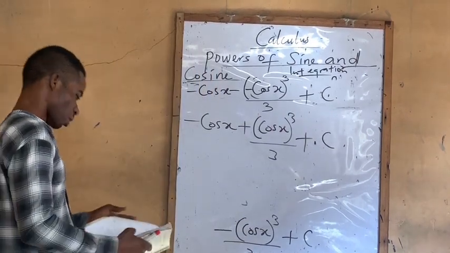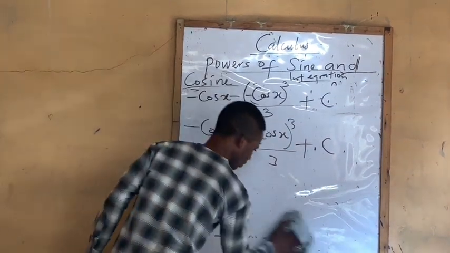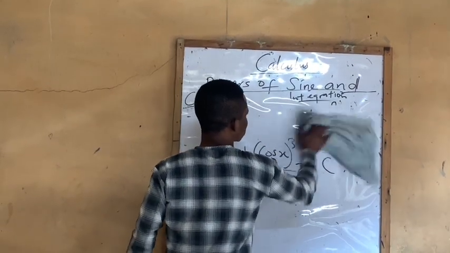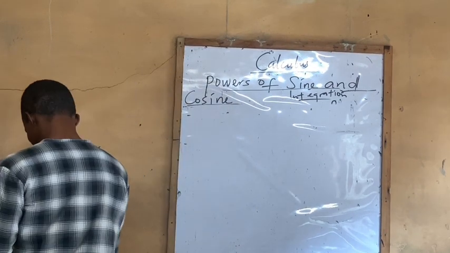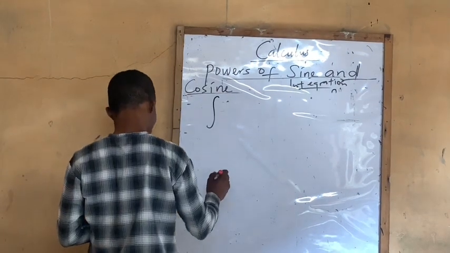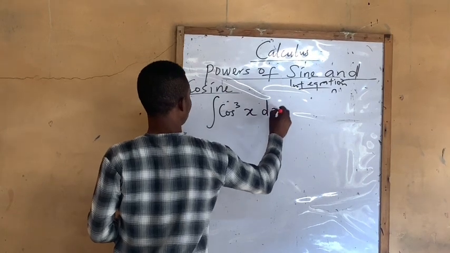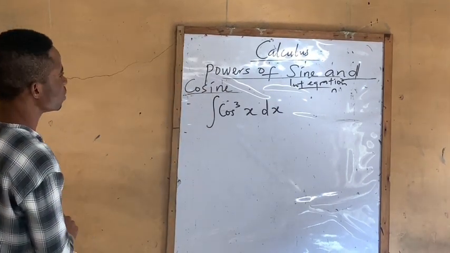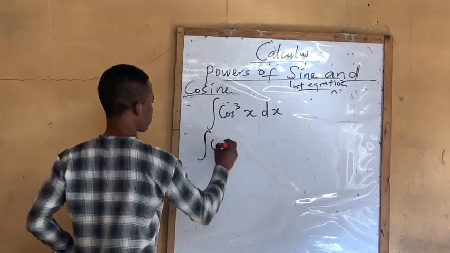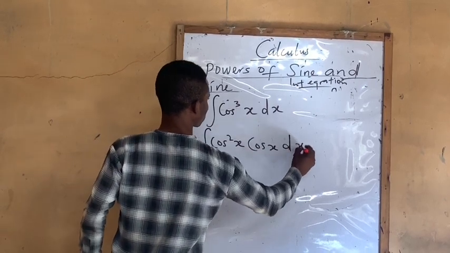So lastly, under the power of sine and cosine, we have the integral of cos cube x dx. What do you do again? We write the integral of cos square x cos x dx.